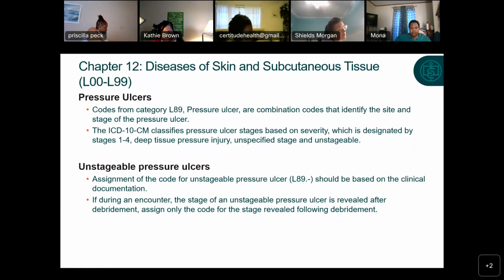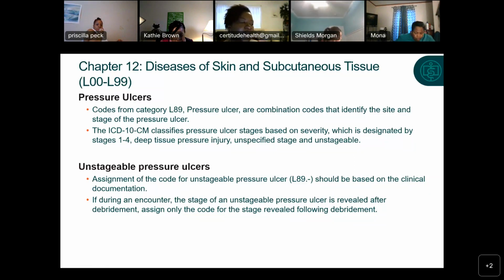I'm on page G18 of the guidelines. Guideline 12.A.2 on page G18 talks about unstageable pressure ulcers. Unstageable is not the same as unspecified, because unspecified means that the doctor mentioned that the patient had an ulcer, he just didn't tell us what stage it is.